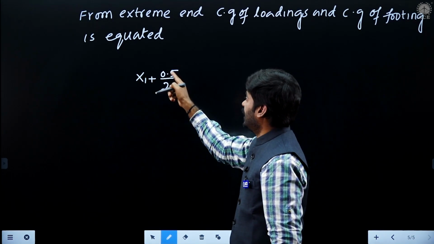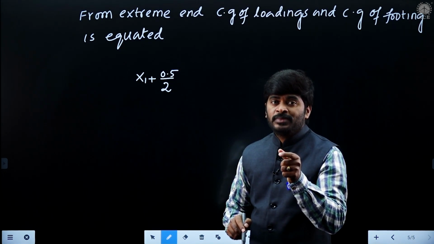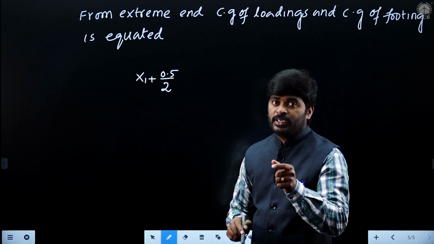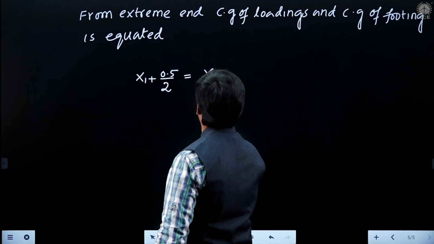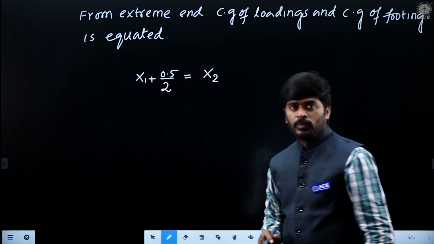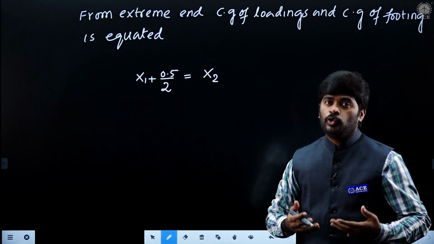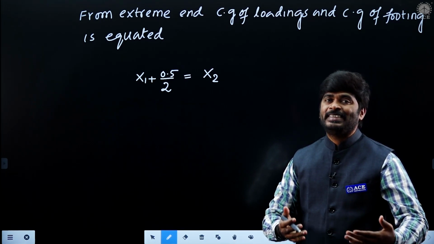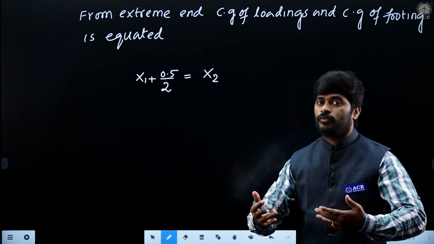That's why I have added this half of the column side, that is 0.5 meter by 2, which is equal to x2. In order to keep uniform stress beneath the footing, you must equate CG of column loadings and the CG of the footing.